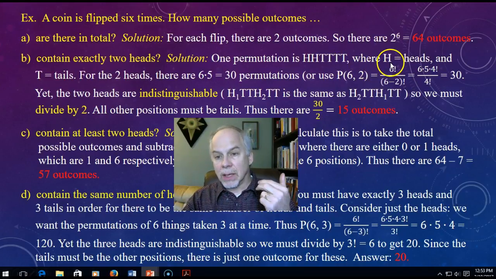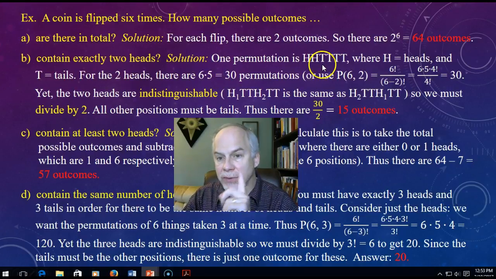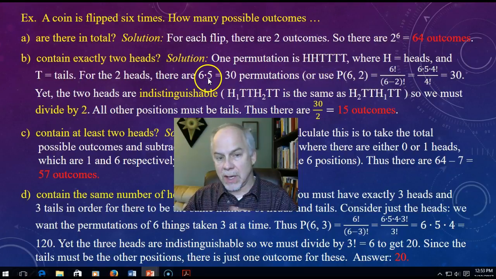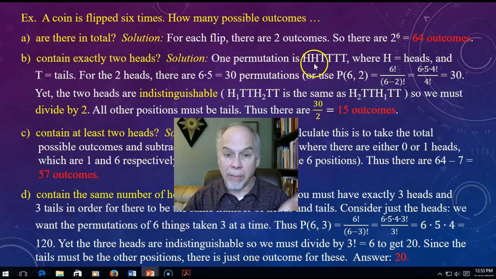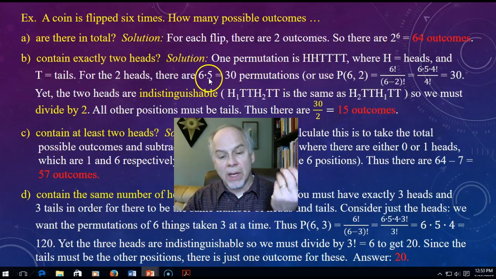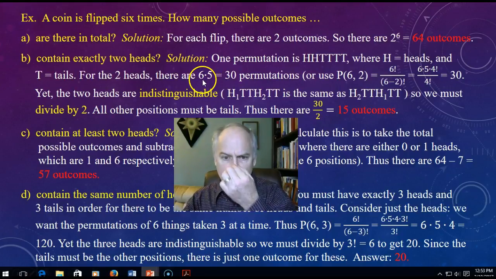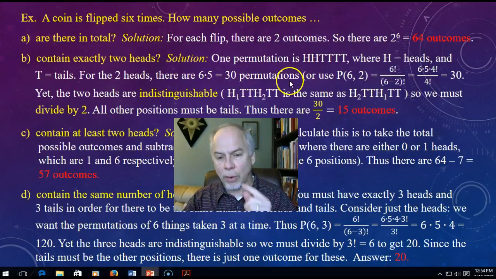Now, for the 2 heads, the first head could be placed in any one of the 6 positions, and then the second head could be placed in any one of the remaining positions. So now there's only 5 positions left to put it. So a total of 6 times 5, or 30 different arrangements of those 2 H's.